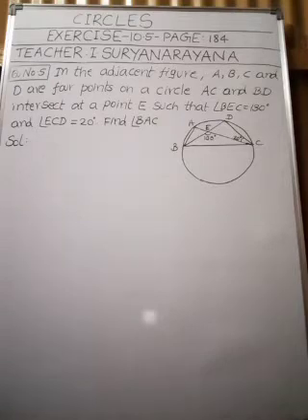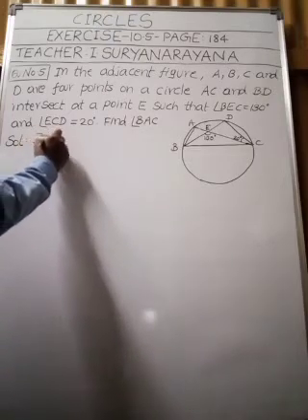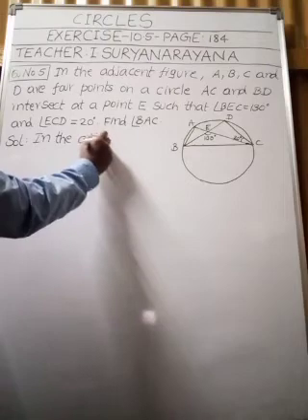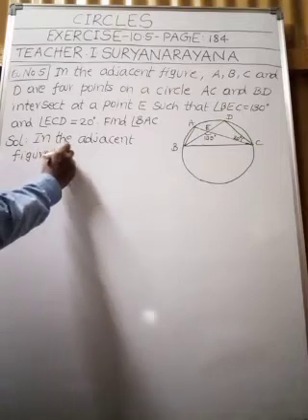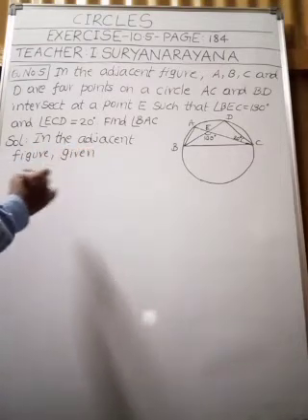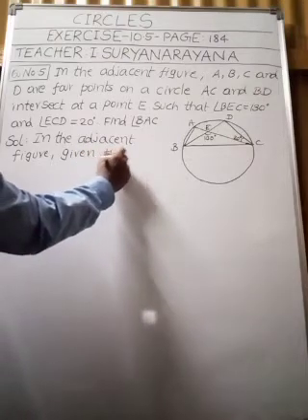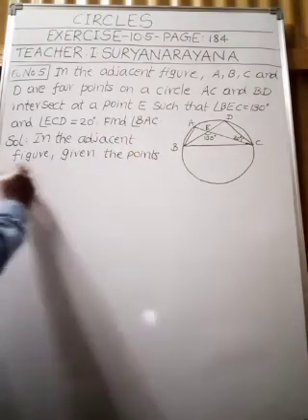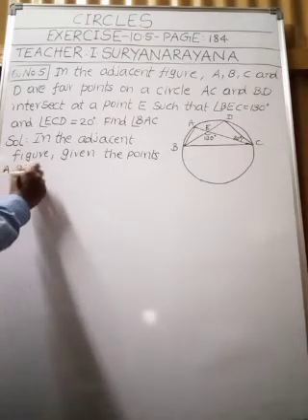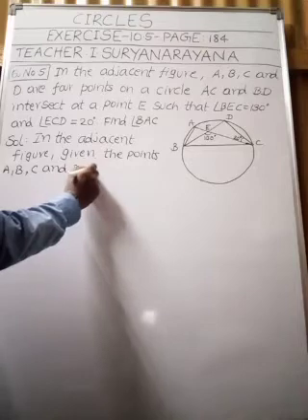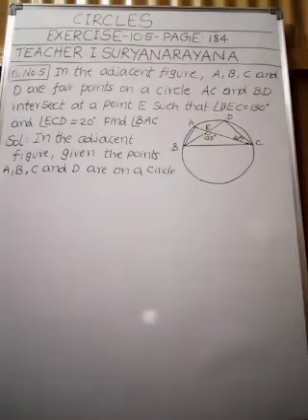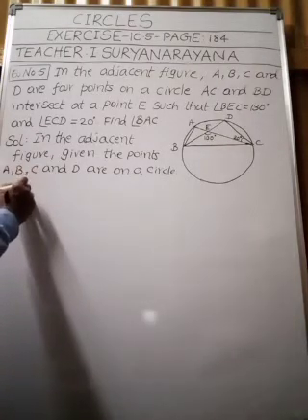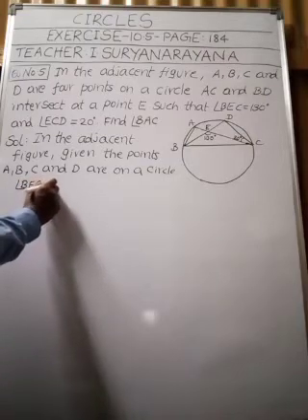Right. Now come to the solution part. Okay, my children. In the adjacent figure, given the points A, B, C and D are on a circle. And BEC is equal to 130 degrees.